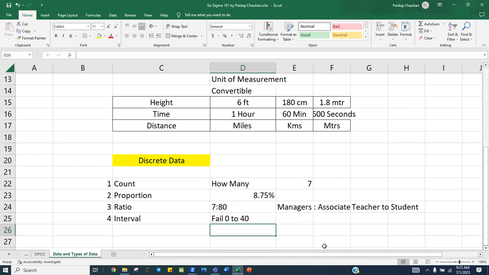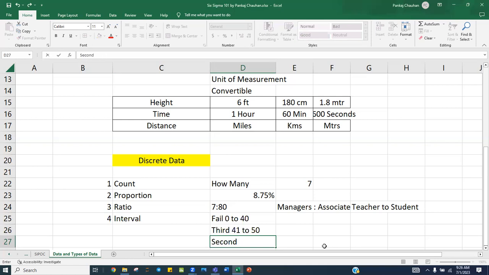If they have passed with the third division, then you will say they have received from 41 to, let's say, I think it should be around 50. They have passed the exam maybe in the second division.